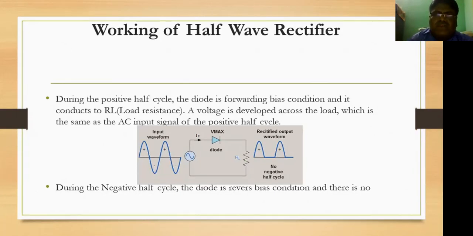For this circuit, you apply the input signal, an AC signal. AC means alternating current. So how does it work?